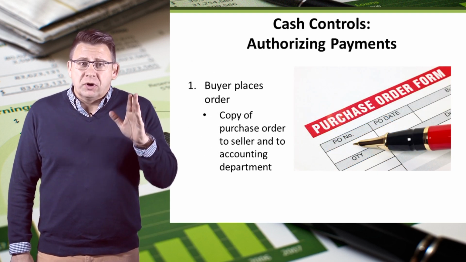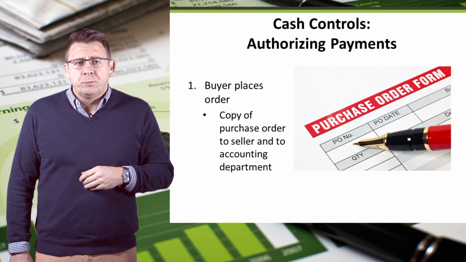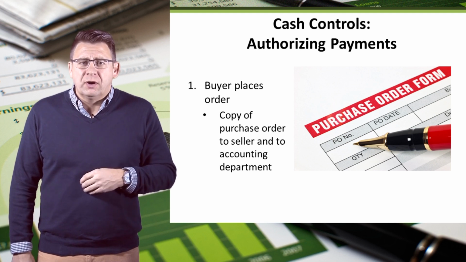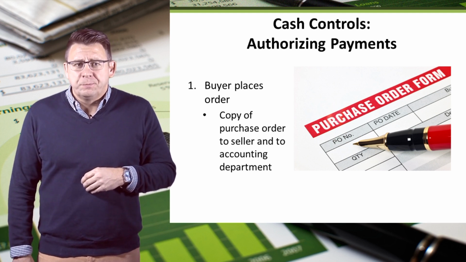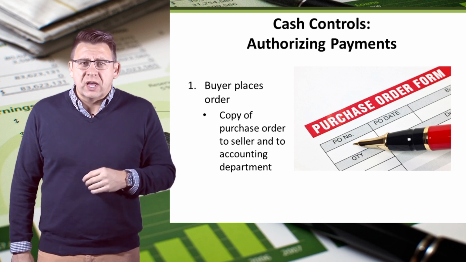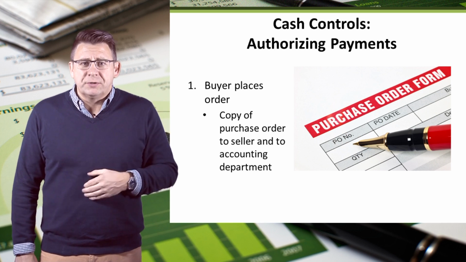To ensure proper purchases and payments are made, the following steps should be followed. A buyer orders products and provides a purchase number to the seller. This authorizes the seller to sell goods to the company. A copy of the purchase order goes to the accounting department.